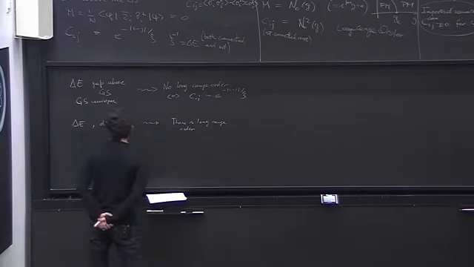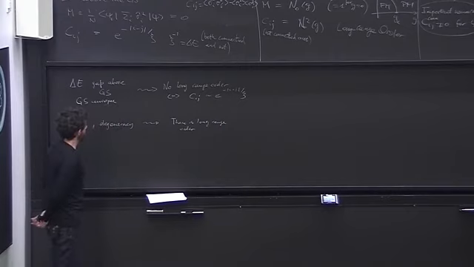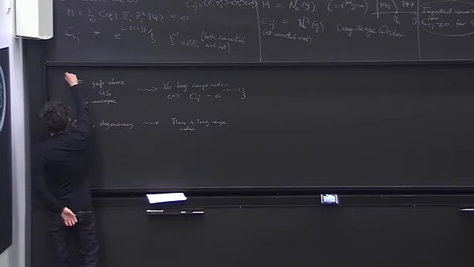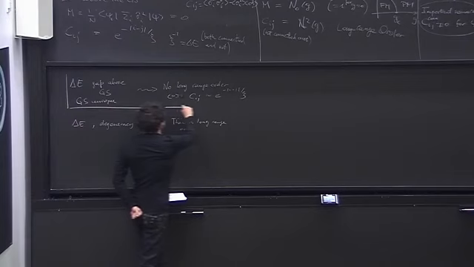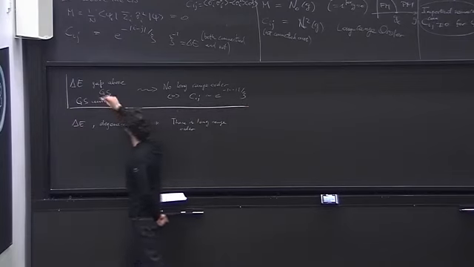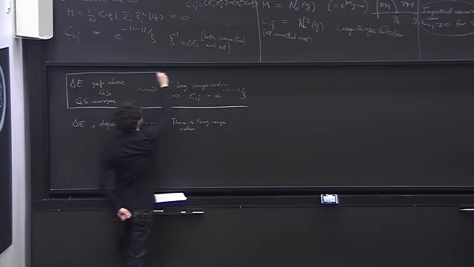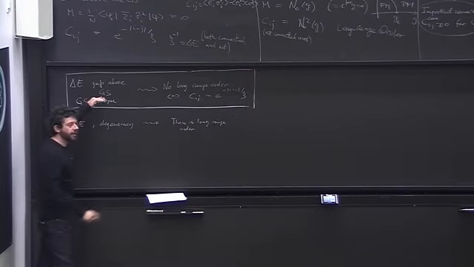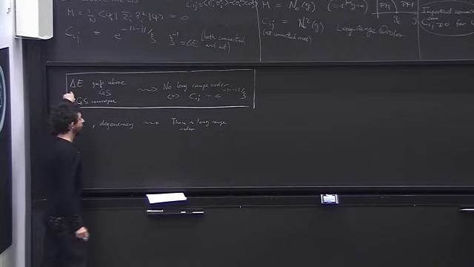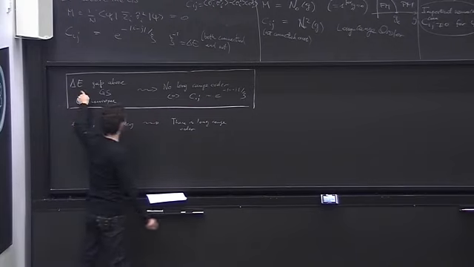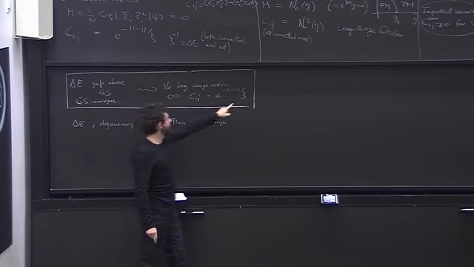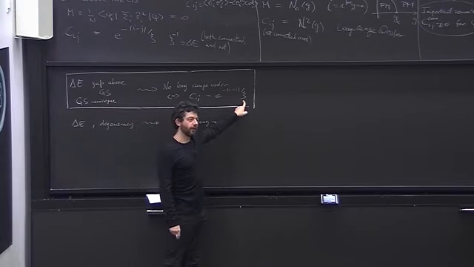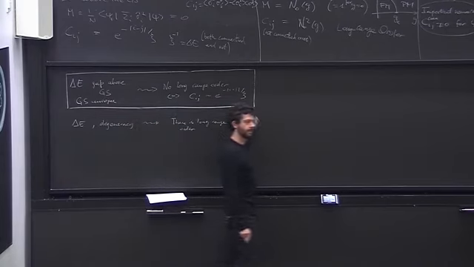So we will see this very important theorem, one of the most important facts in quantum many-body physics, that in general, if your ground state is unique and you have a gap, then associated to this gap, there is a correlation length, and correlation functions decay exponentially.